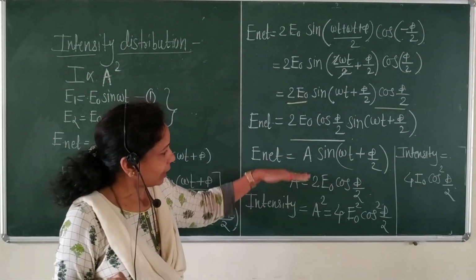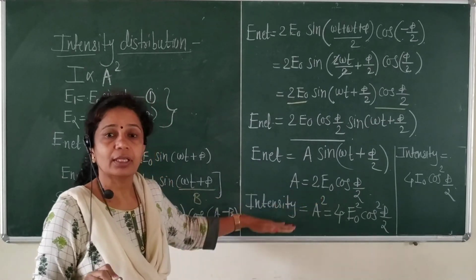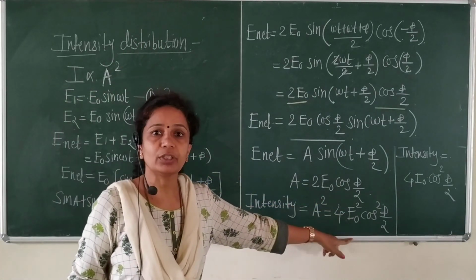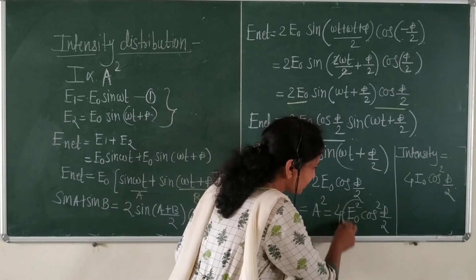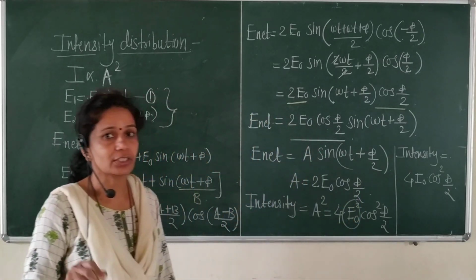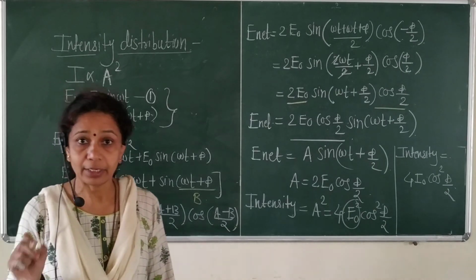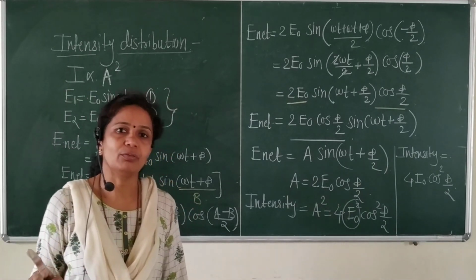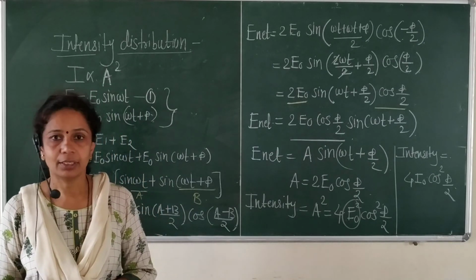Okay, and then the amplitude of a wave is this, then intensity is directly proportional to the square of amplitude. Therefore, we get this equation. Again, replace E naught square by I naught. I naught is nothing but the intensity of the original wave. Okay, let us stop here.